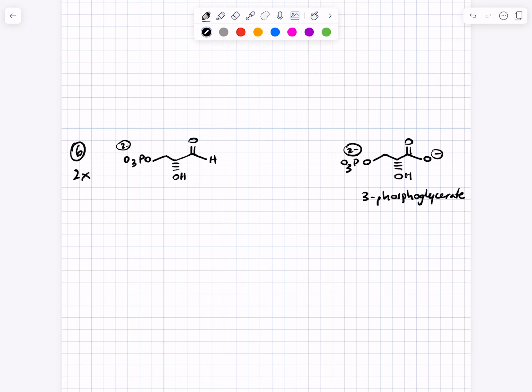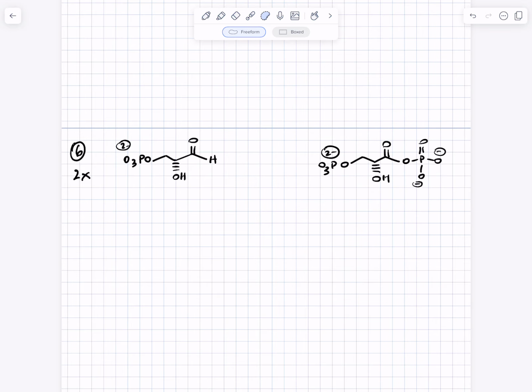I'm sorry, I'm conflating two steps in my mind. Sorry about that. We're going to end up with this intermediate, which is called 1,3-bisphosphoglycerate.